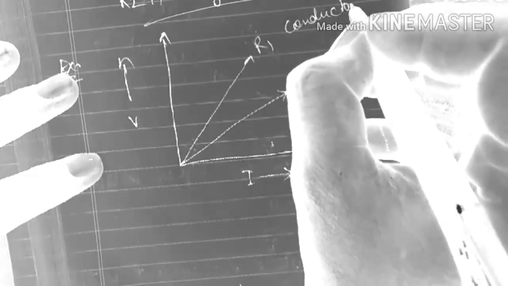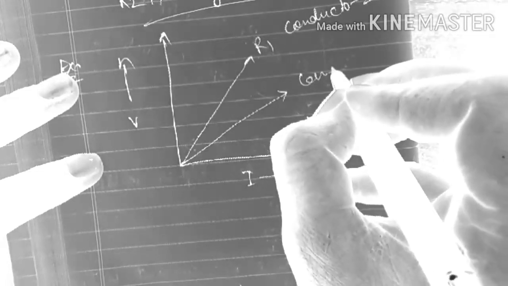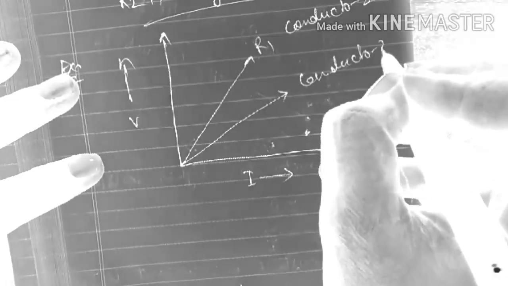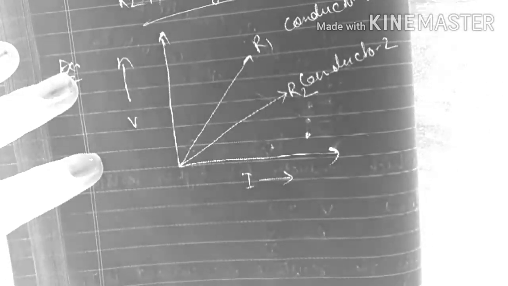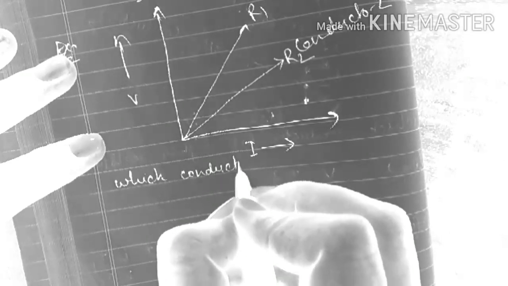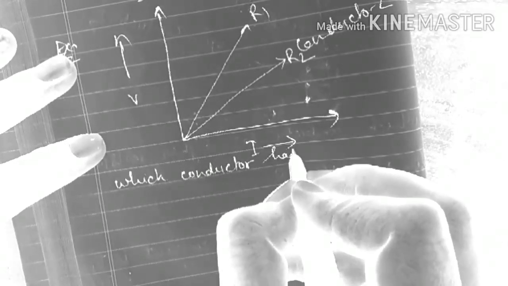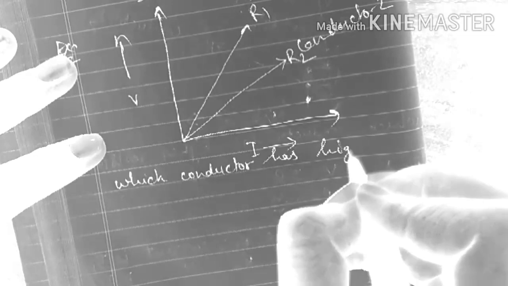Conductor first, conductor second, it is our R2. Which conductor has higher resistance?